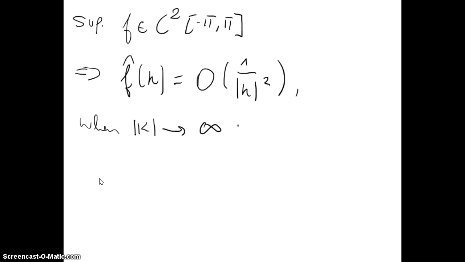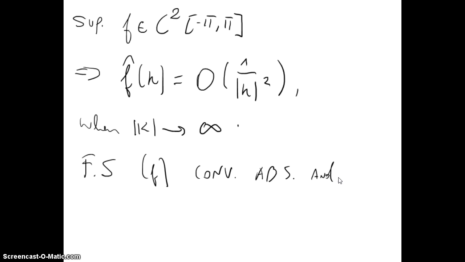So this will tell us that the Fourier series of f will converge absolutely and uniformly. So the function is going to have a Fourier series representation.